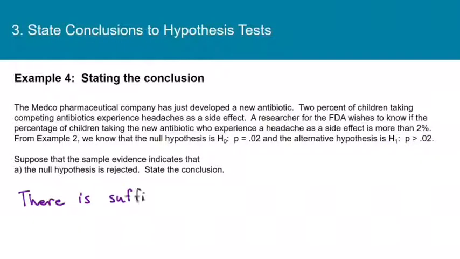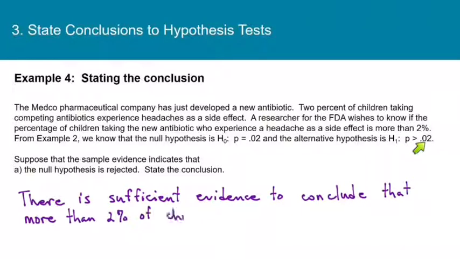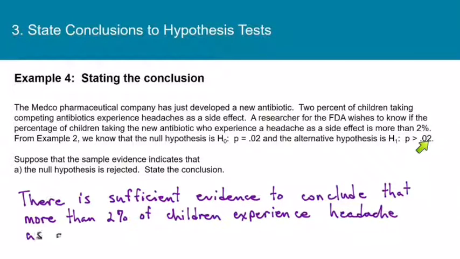That means we're going to say there is sufficient evidence to conclude that more than 2% of children experience headache as a side effect. So remember, if we have rejected the null hypothesis, it's because we had evidence. Just like in a trial, if somebody gets convicted, it's because the jury believed the evidence against them. So when we reject the null, there is sufficient evidence to conclude that this is true.